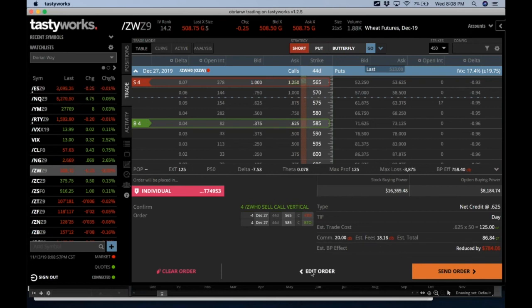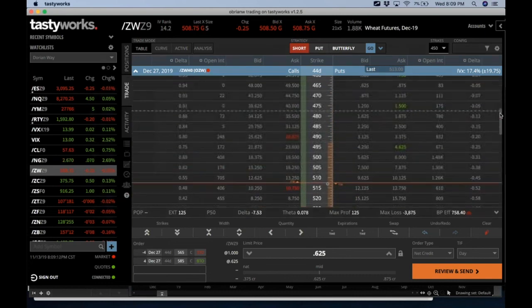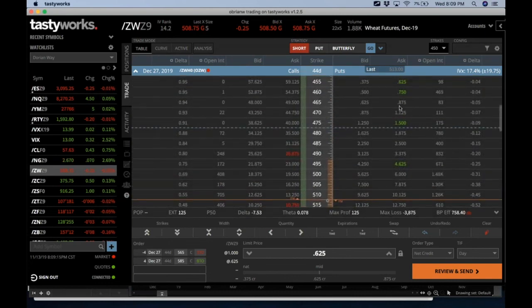But if you hit edit, and you decide, all right, let's try that put side. So we have the $40, the 508 minus the 40 is the 468. So let's look for that here. So that's around here, which is a 7 delta.